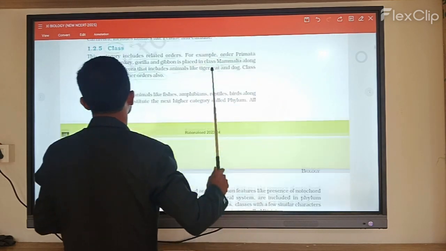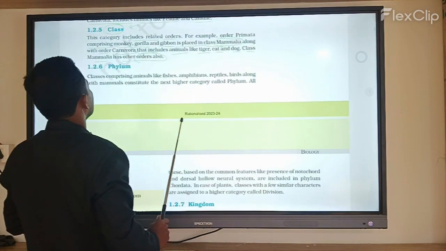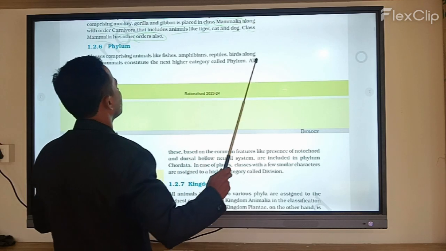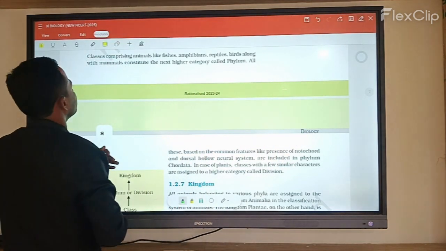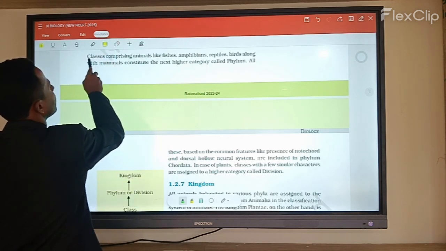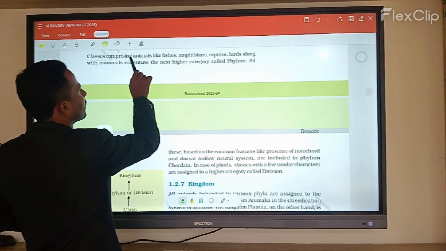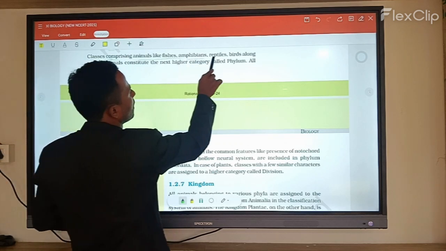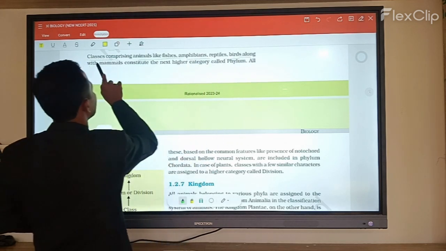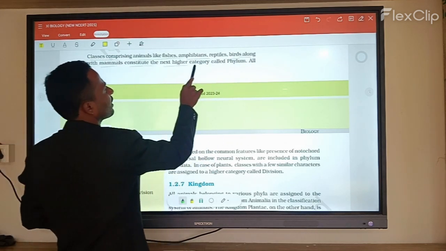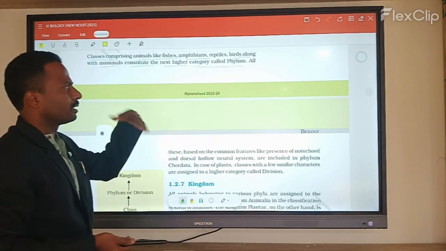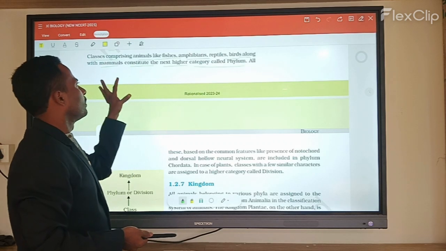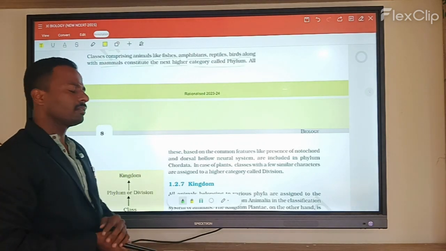The next one is phylum or division. In that phylum, all classes are comprised of animals like fishes, amphibians, reptiles, birds, and mammals. The next higher category is called phylum. So all the reptiles, birds, and mammals present are kept under the phylum.